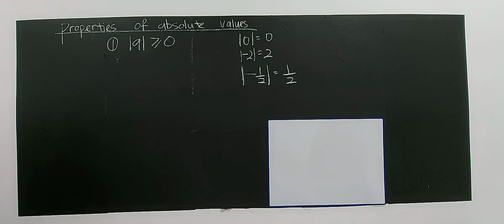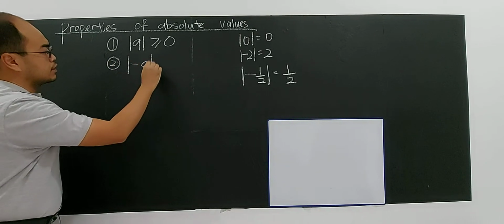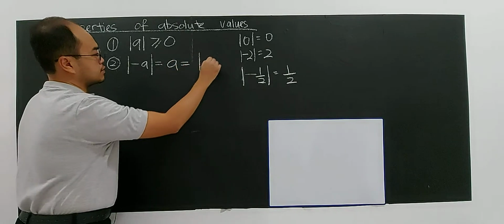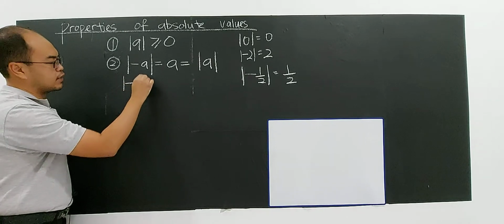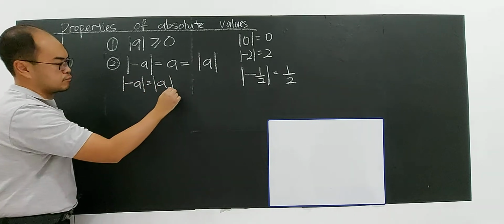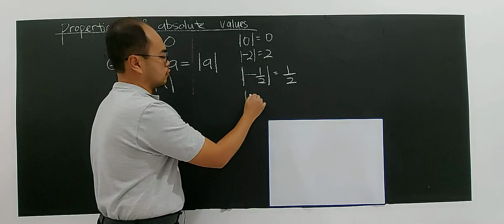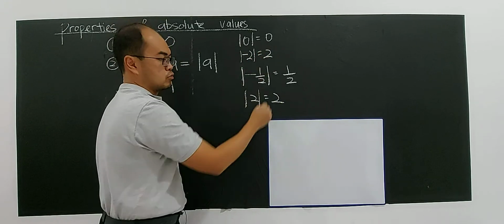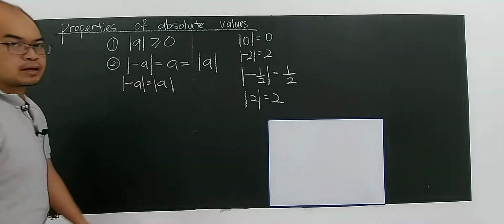So from here, I can tell that the second property is that the modulus of negative a is the same as the modulus of a, which will give you a. For example, the modulus of 2 gives you 2, and the modulus of negative 2 also gives you 2. So the modulus of negative a is the same as the modulus of a.